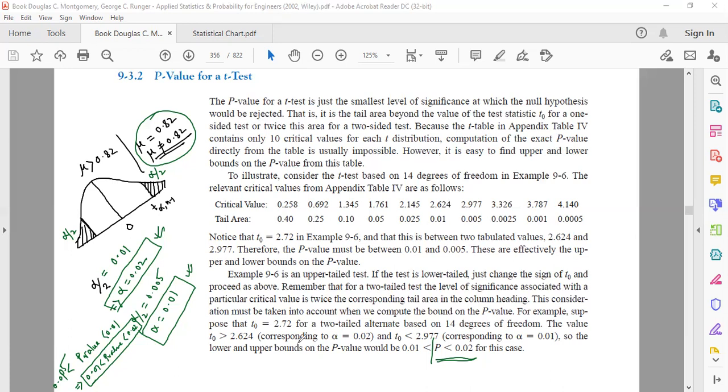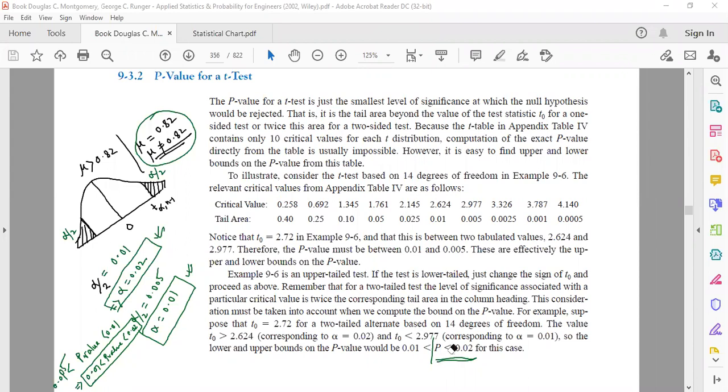At this level of significance, the null hypothesis would be rejected. Any level of significance greater than that, the null hypothesis will always be rejected. And this is the reason for which at the 5% level of significance, the null hypothesis of the problem got rejected.